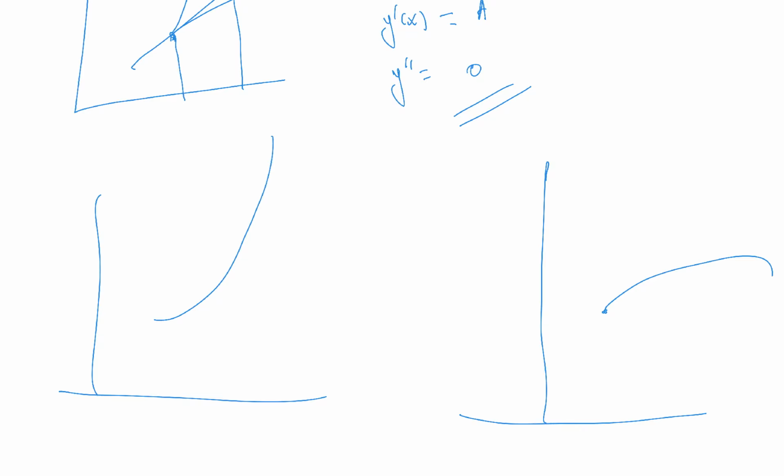The difference is that the slope is growing. Here the slope is bigger and bigger and bigger. And now the slope here is smaller, smaller, and smaller.